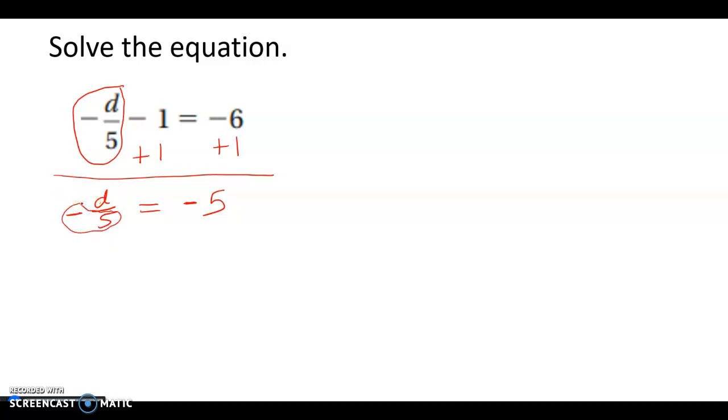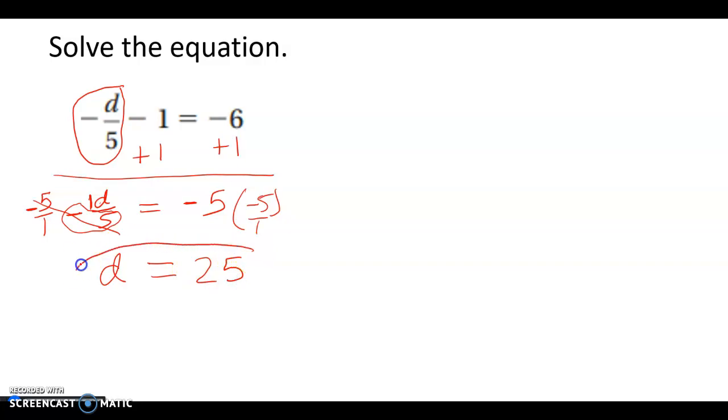So the opposite of dividing by negative 5 is multiplying by negative 5. You could also pretend there's a 1 in front of the 5, multiply by its reciprocal, which would still be negative 5 over 1. So we're going to times this side by negative 5 over 1. Those cancel, you're left with d equals negative 5 times negative 5 is positive 25. Good job for anyone who could solve it before me.